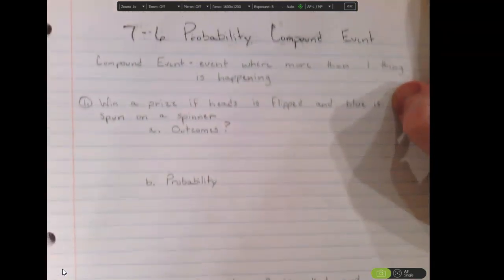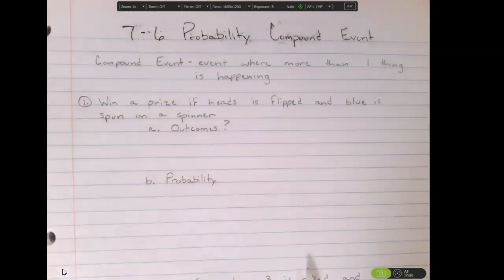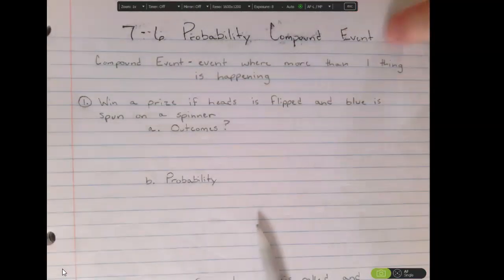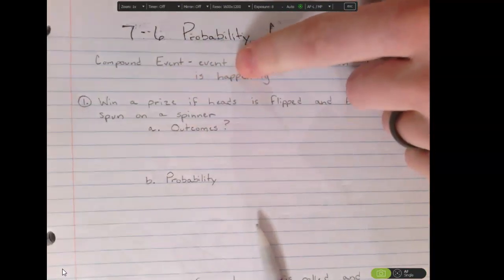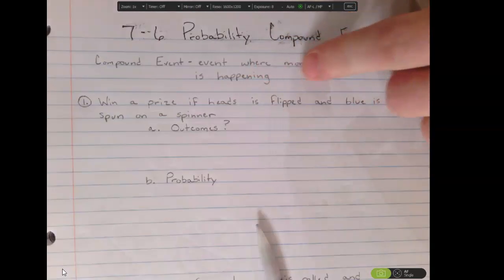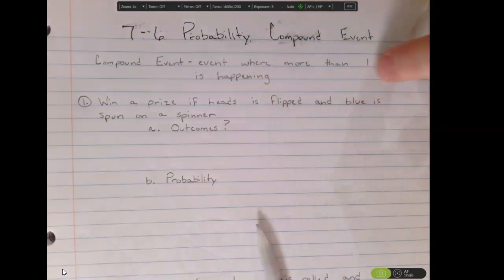So chapter 7, lesson 6, probability of compound events. If you remember from last week, we discussed compound events, guys, and you should be familiar that a compound event is an event where more than one thing is happening.